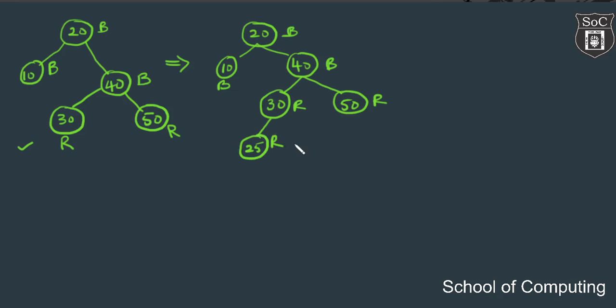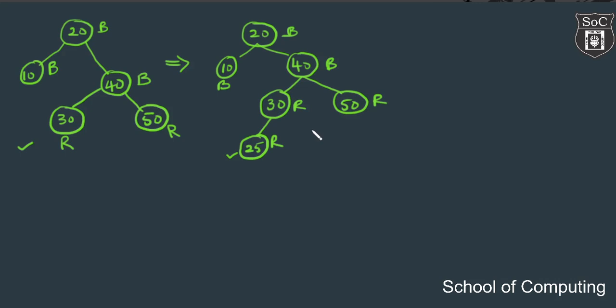Now if you observe carefully, the two consecutive reds problem appeared. Now again I need to check the status of the uncle. What is the node which created the problem? 25 is the node which created the problem. So who is the uncle of 25? The uncle of 25 is the sibling of its parent. Who is the parent?